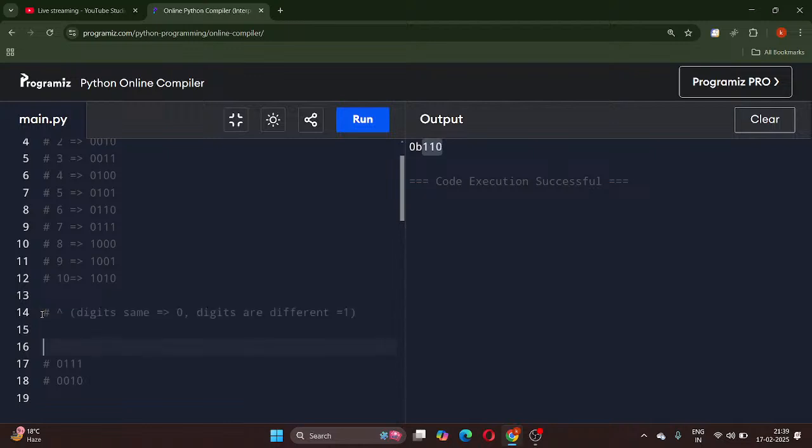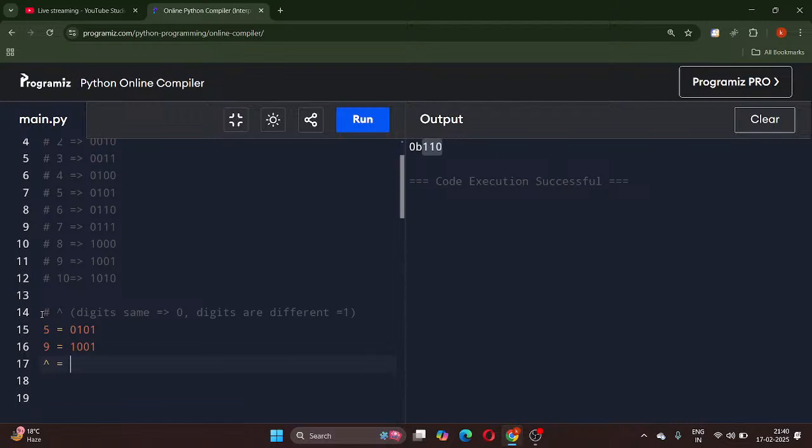So suppose the first number is 5, right? So 5 is basically 0101, and we want to XOR this 5 with, maybe, 9, and 9 is basically 1001, right? So what operation are we performing on these two numbers? It is XOR.